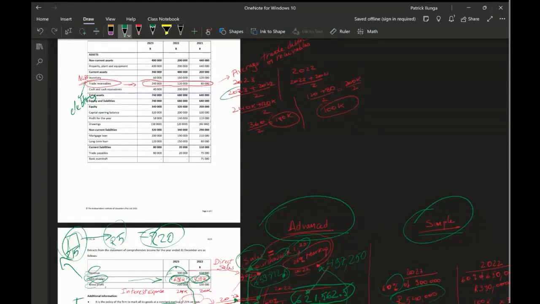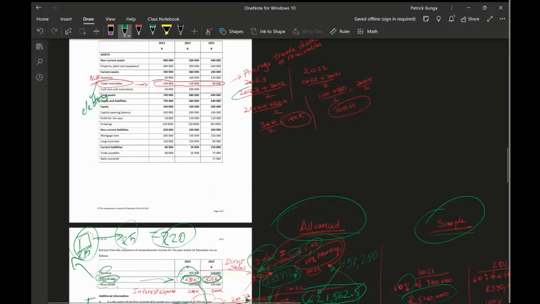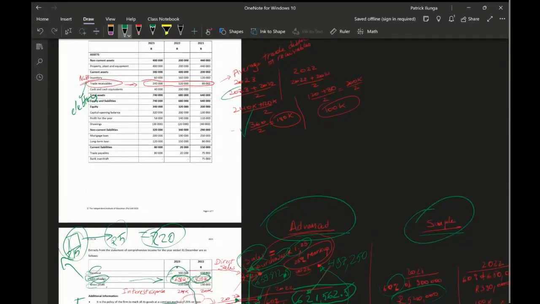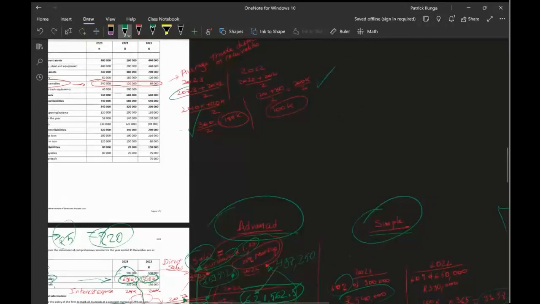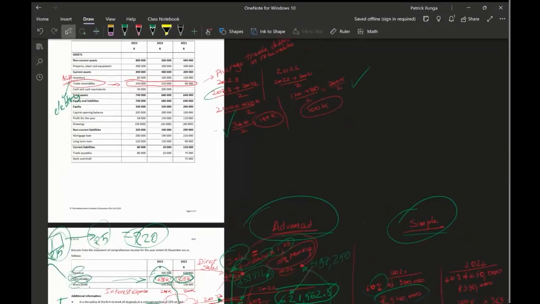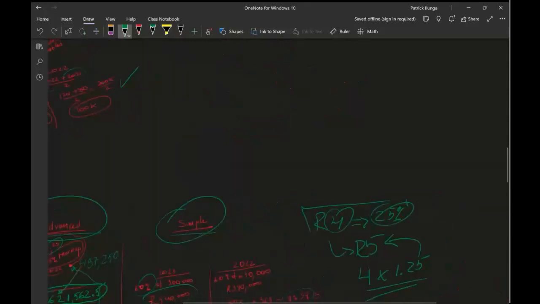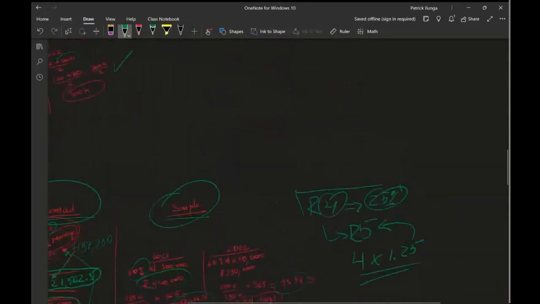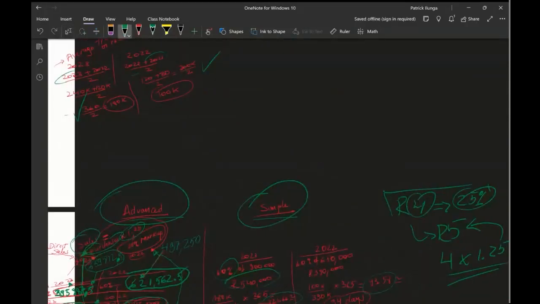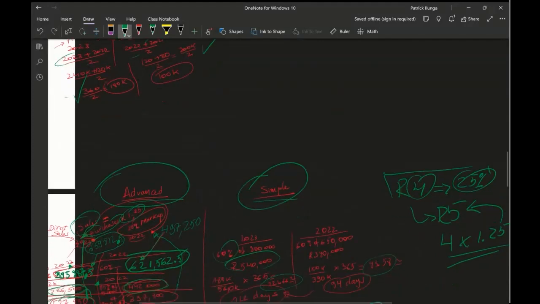You add them together, you divide by 2. Very simple, and every one of you managed to do that, okay? When you're looking at 2022, you take the one of the prior year divided by 2, and you get this. All right, Anuske, on your paper, is that correct? Let me interact a little bit.